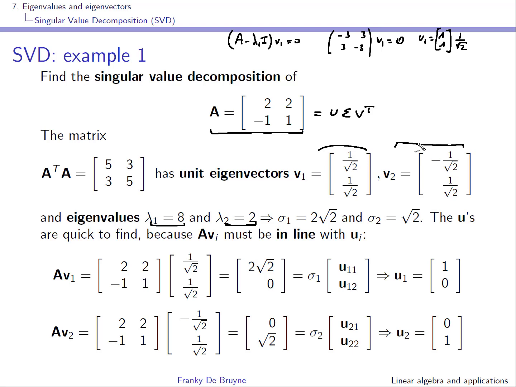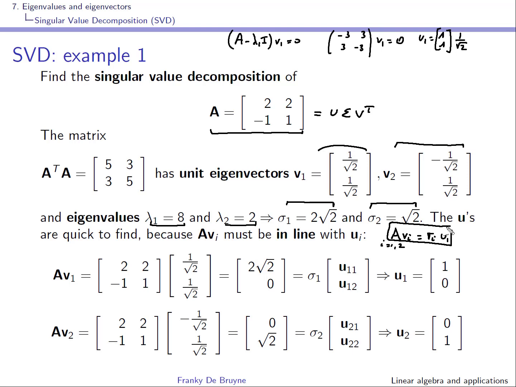Okay, so we know what to stack in the matrix V. We know what the singular values are. We simply need to take the square roots of lambda 1 and lambda 2. This leads to sigma 1 and sigma 2, and the u's we can simply find by writing that A v_i, where i is here 1 or 2, is sigma i u_i.